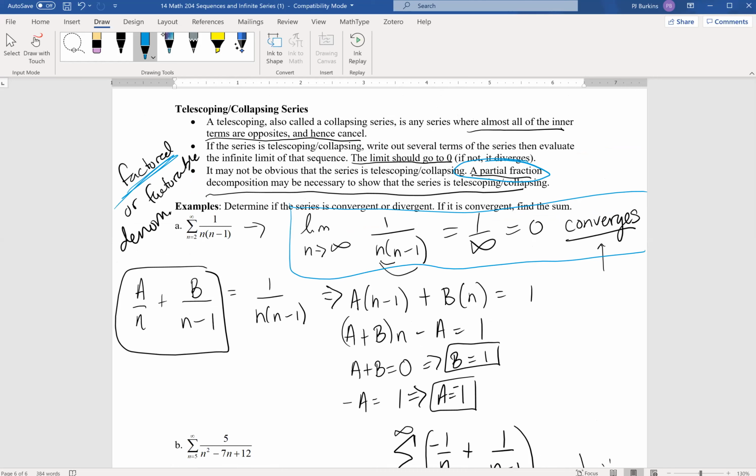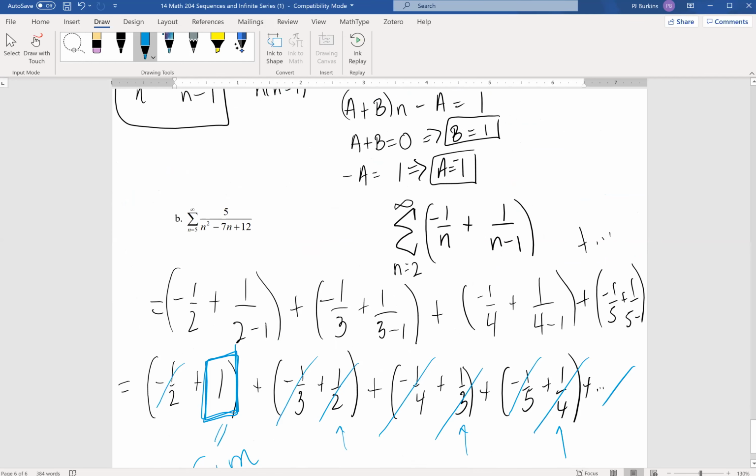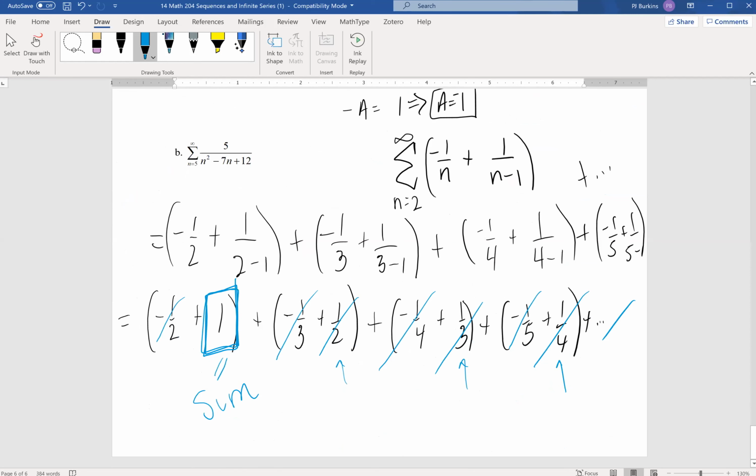If it returns 0, then that series, if it is telescoping, converges. And to find the sum, you need to do the partial fraction decomposition, write out the first couple terms, and determine what's left over after those terms cancel.